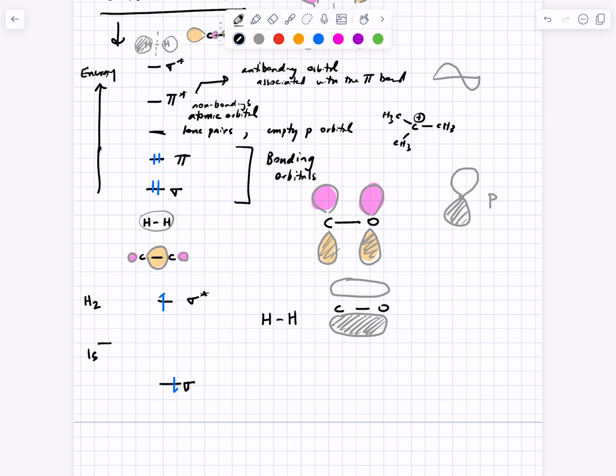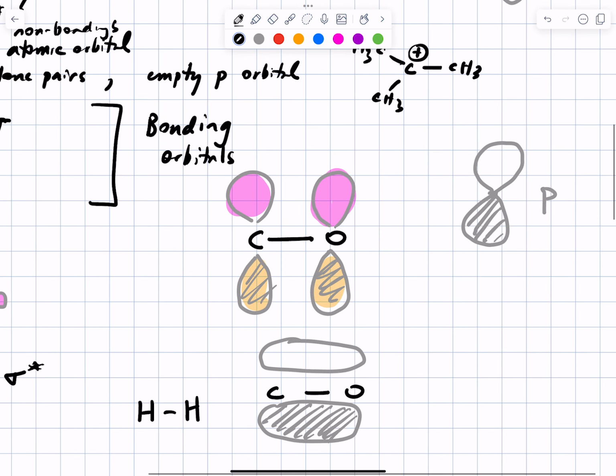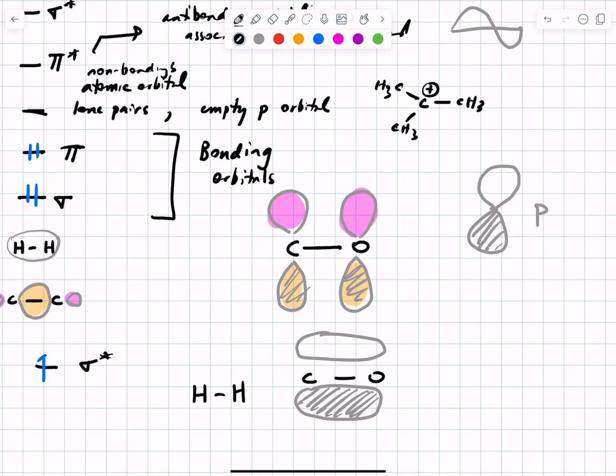And this is generally true. If you fill an antibonding orbital in organic chemistry, you're going to break the bond. Now, maybe you're getting an inkling of where we're going. Let me just say one more thing about the pi star. Because carbon and oxygen are different, oxygen's more electronegative than carbon.